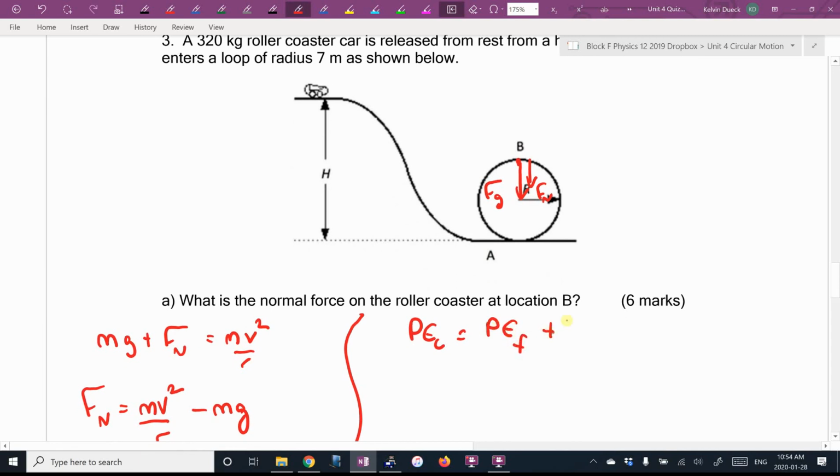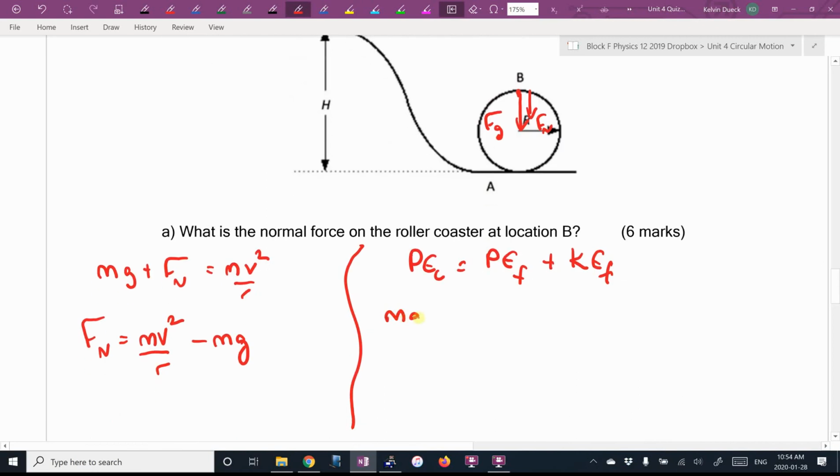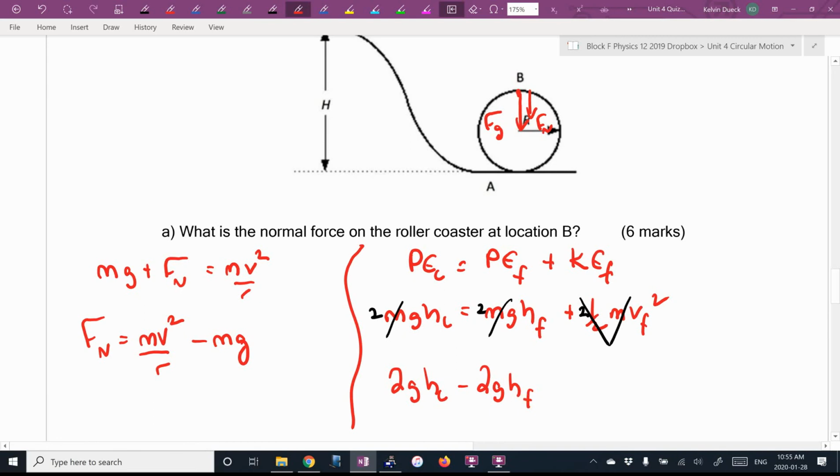Potential energy initial equals potential energy final plus kinetic energy final. mgh initial equals mgh final plus a half mv final squared. Times by 2, times by 2, times by 2. And I get 2gh initial minus 2gh final equals vf squared.